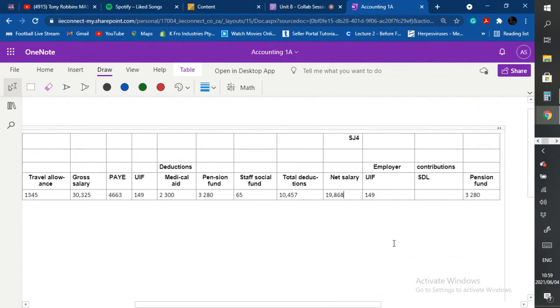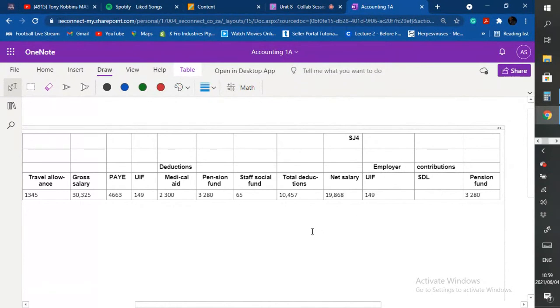But now we have SDL. Did they tell us about SDL? Yep, very last line, they say his SDL remuneration is 26,776. Can you see? They've given us the SDL remuneration there.